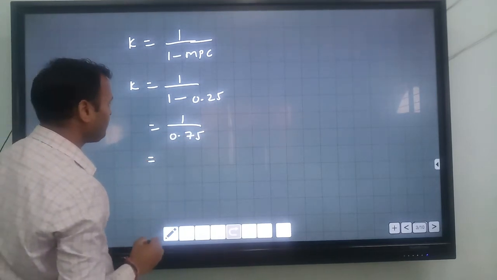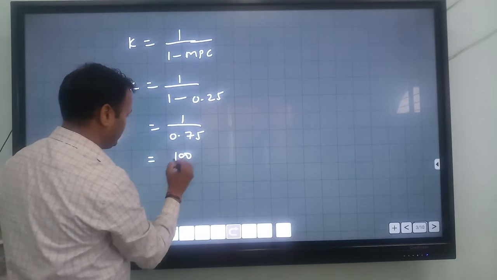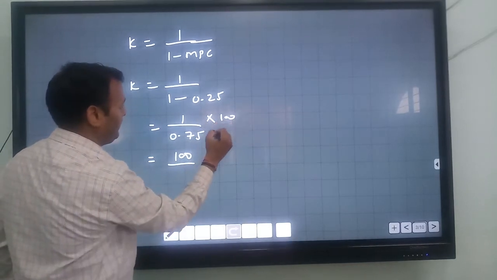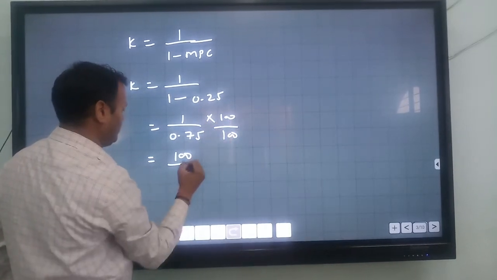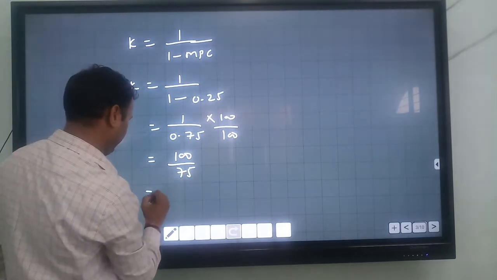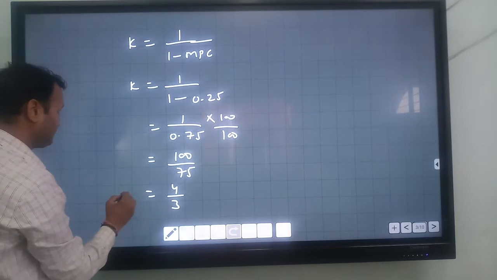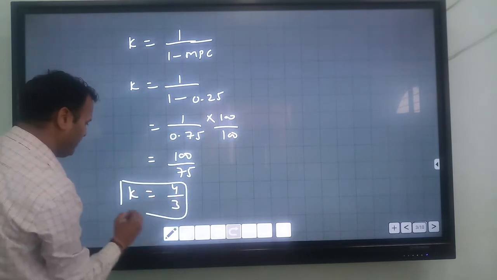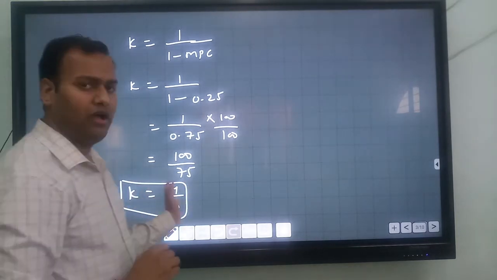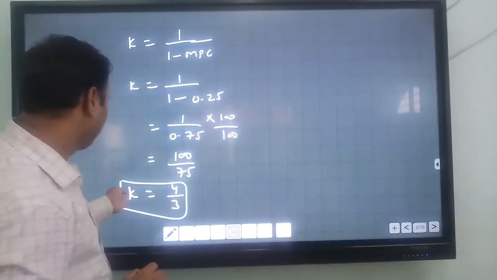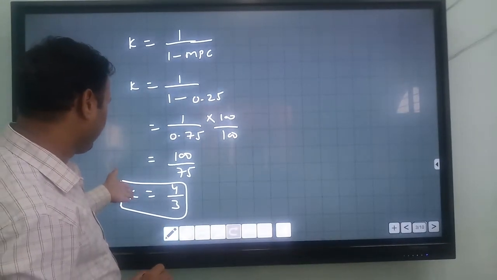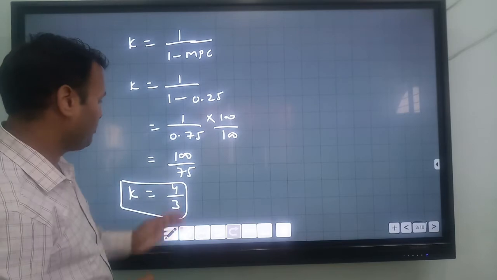We multiply by 100 over 100, so 100 upon 75, that is 4 upon 3. This is the value of the investment multiplier. You can write 1.333, or you can put directly K is equal to 4 upon 3.